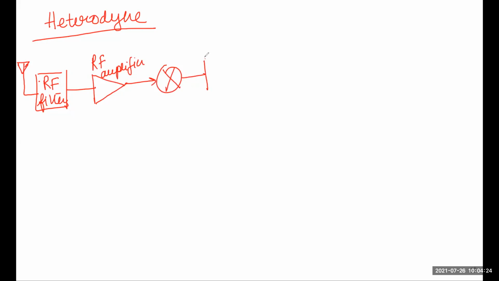Filter you can say. Then comes a demodulator. Okay, we know this coming. Demodulator. Then it comes audio amplifier.